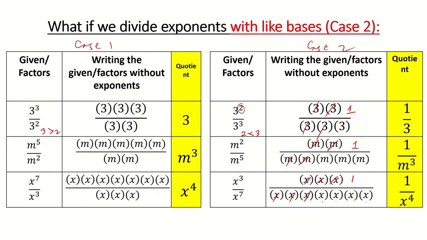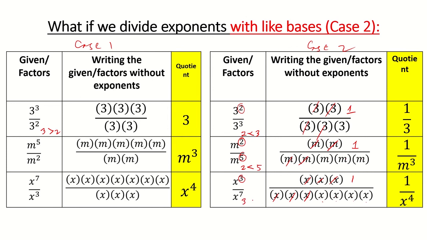Now, try to figure out what happens in case it fits into case 2. But again, we're dealing here with bases which are the same. So pause this video and make a shortcut or try to figure out what to do if this happens: if the exponent in the numerator is less than the one in the denominator.